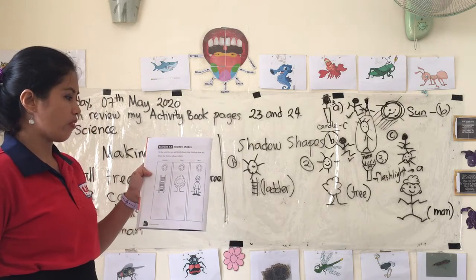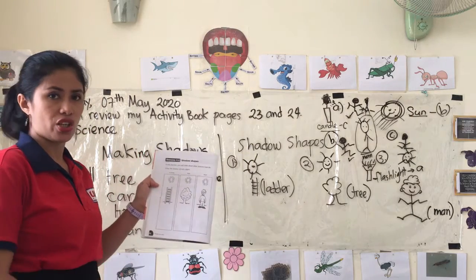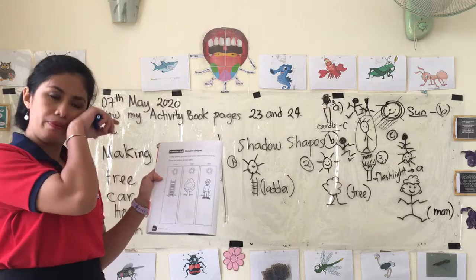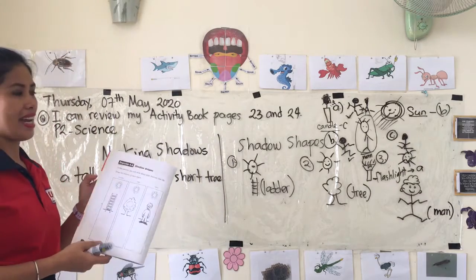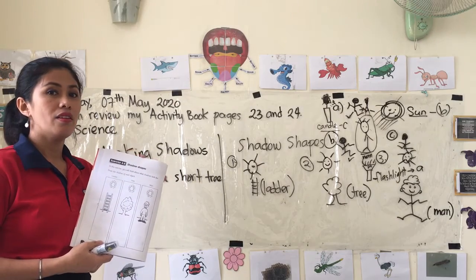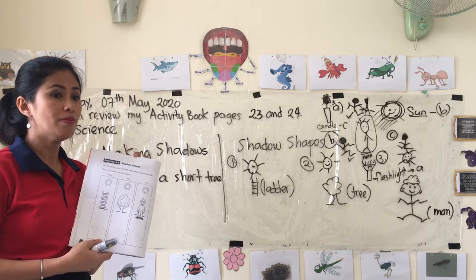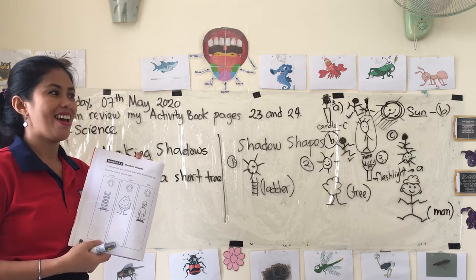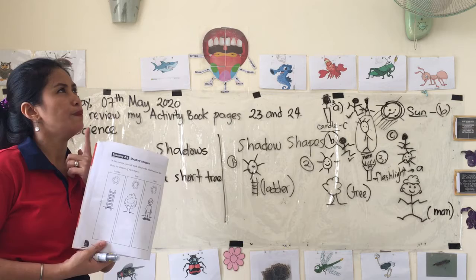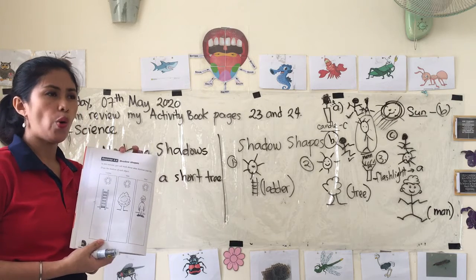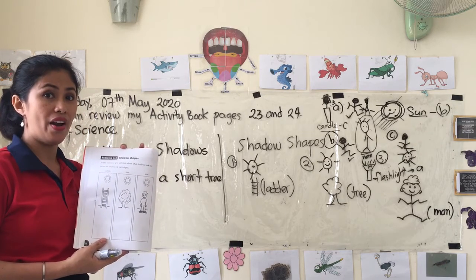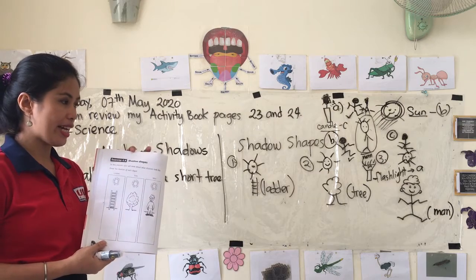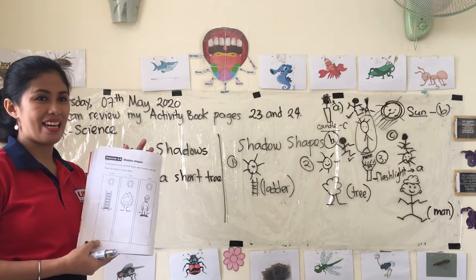What is the source of light being used in the pictures? Is it A, light bulb? B, star? Or C, sun? The answer is letter C, sun.